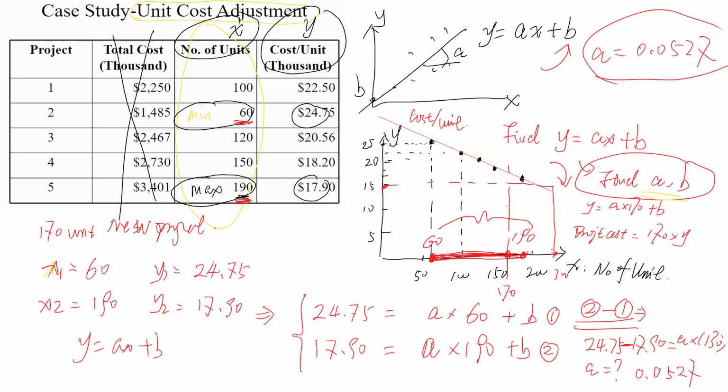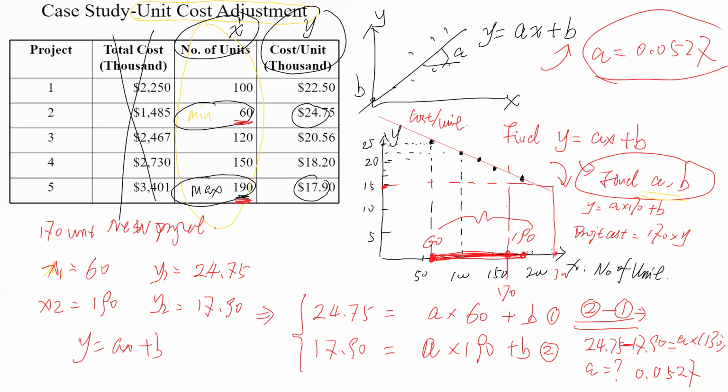So now you already know your A, so I'm going to remove those. It would be six.